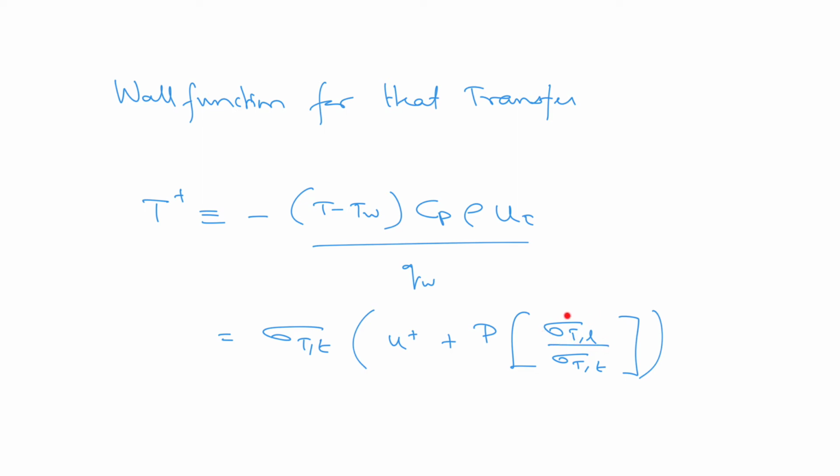So this is the laminar Prandtl number, this is the turbulent Prandtl number. You know all these terms. The Prandtl number sigma_T,L is given by mu Cp by gamma T. So this is the laminar or molecular Prandtl number, wherein this gamma T is called the thermal conductivity.